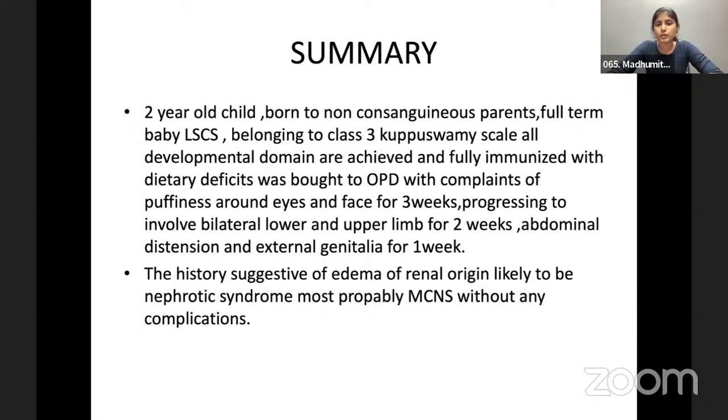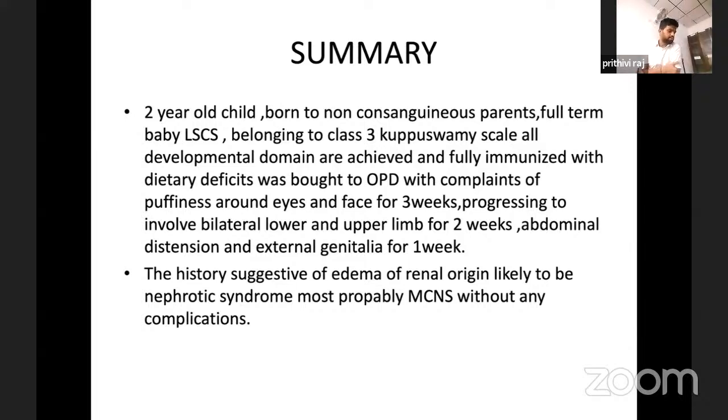Was brought to OPD with complaints of puffiness around the eyes and face for 3 weeks, progressing to involve bilateral lower and upper limbs for 2 weeks. Abdominal distension is present for 1 week. The history is suggestive of edema of renal origin, likely to be nephrotic syndrome, most probably minimal change nephrotic syndrome without any complications. Okay. Two things I would be asking you.